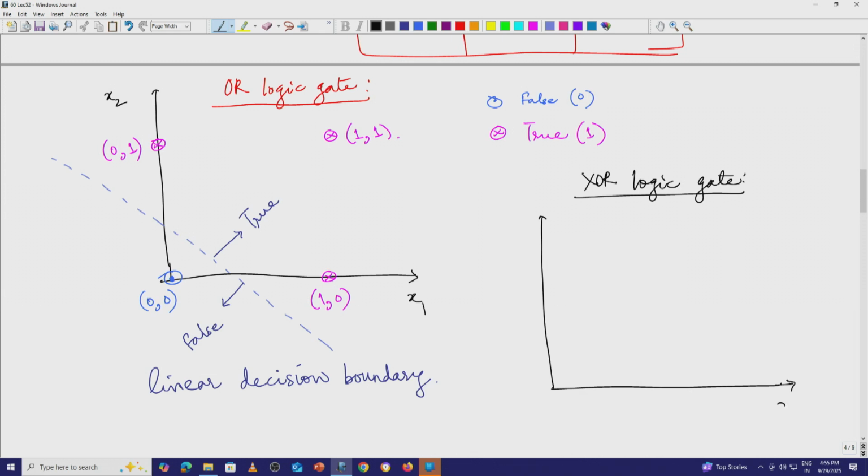So, again we will have x1 on the horizontal axis, x2 on the vertical axis, right, and in this case exclusive OR will amount to true only if only one of the two, x1 and x2, is true, right. So, if both of them are false, then also you will get false here.